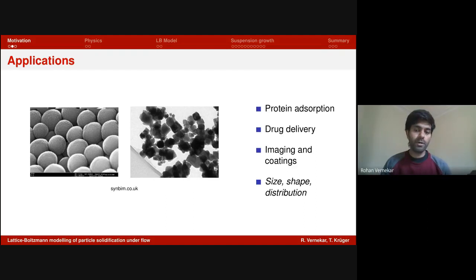But what is important here is that the nanoproduct has a particular size, shape, and porosity for a given application. So it is important when manufacturing these materials to control these parameters. And hydrodynamics can affect these parameters. So it's important to understand what hydrodynamics does to the synthesis of these products out of solution.